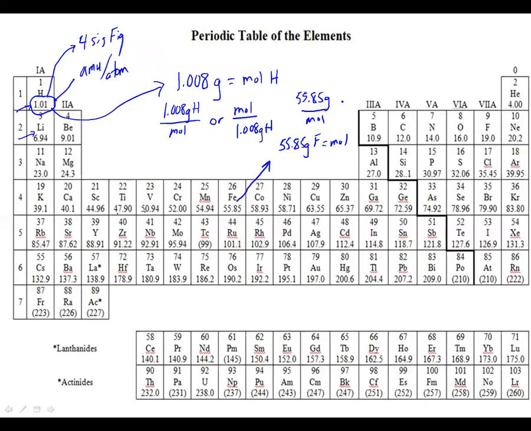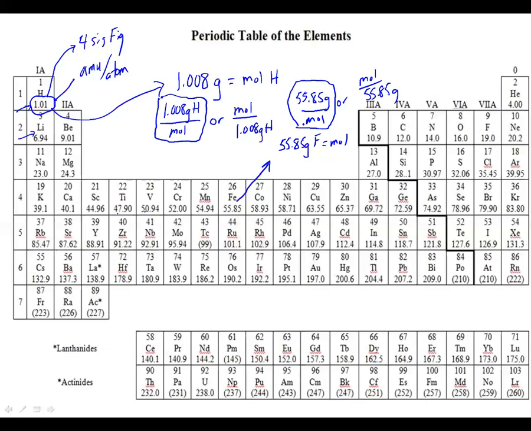Or again, if you wanted to use it as a conversion factor, you could flip it the other way and go moles over the 55.85 grams. If you were asked what the molar mass of hydrogen was, that's typically how you would give the answer. If you were asked what the molar mass of iron was, you typically would say that's 55.85 grams per mole.